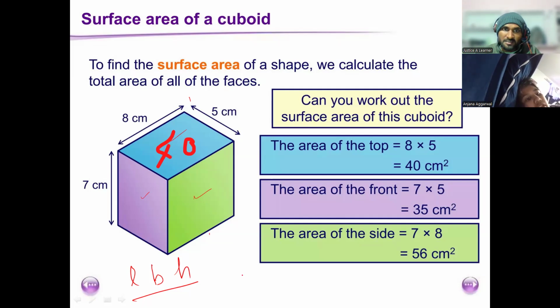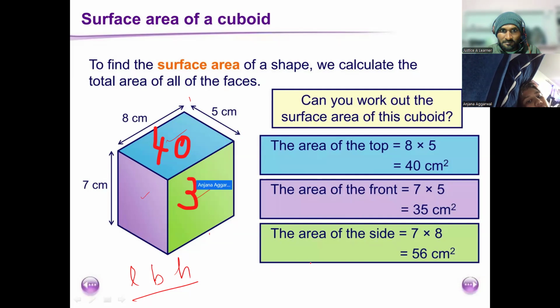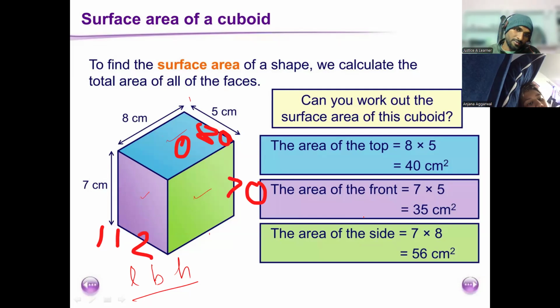How many faces are there in a cuboid? 6. So if this is 40, this is 35, and this is 56, we can double them: 80, 70, and 112. Correct, well done.